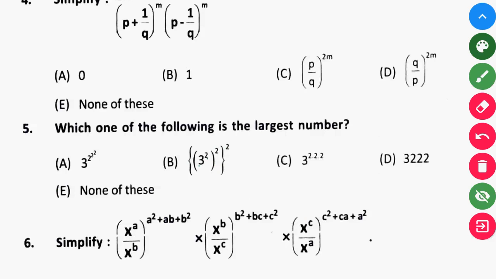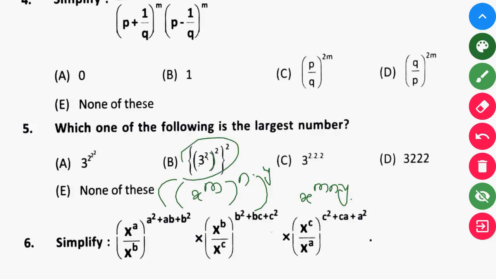Okay, now we also look at option B. So it is 3 raised to 2, the exponent is 2 and its exponent is 2, so it is like x raised to m, bracket raised to n, bracket raised to y. What we did in the last session when we learned the exponent property is multiply all these three exponents, so it becomes x raised to m times n times y.